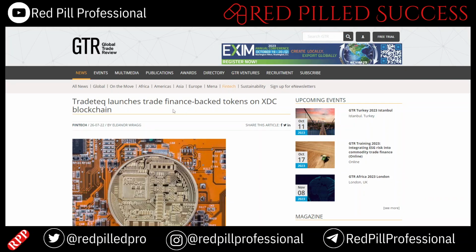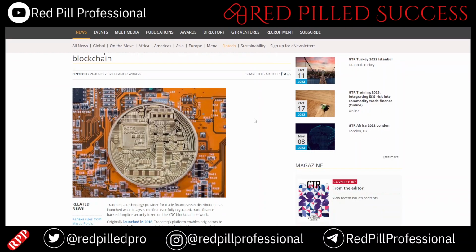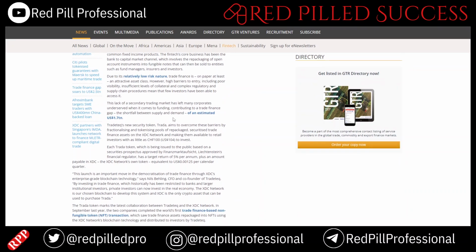But if you look at this one, we've got Tradeteq launches trade finance backed tokens on XDC. And this is where I found that this lack of secondary trading market has left many corporations underserved when it comes to funding, contributing to a trade finance gap, the shortfall between supply and demand of an estimated 1.7 trillion.